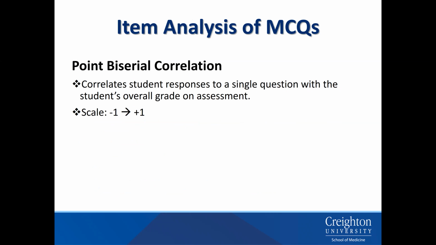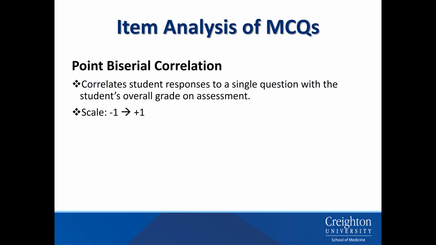And there are two bits of information we can get historically from each iteration of use of a test question, in an exam or a quiz or a RAT. And this is the point biserial.